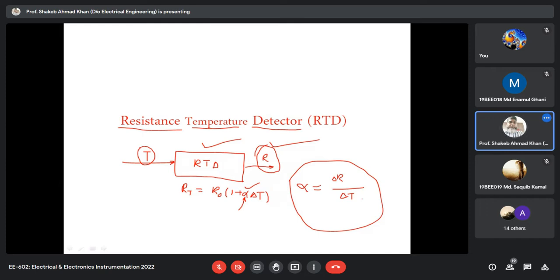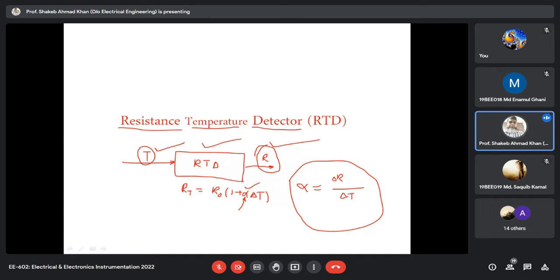RTD is a thermal sensor, a temperature resistive sensor.